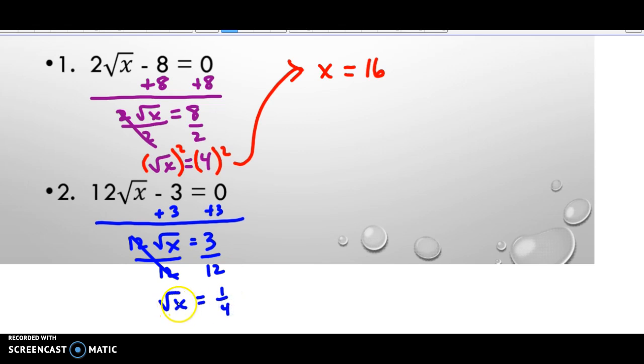Now for my last step, I'm ready to square both sides because that will undo my square root bar. And radical x times radical x equals x. And 1/4 squared, that means I square my numerator, 1 squared is 1. I square my denominator, 4 squared is 16.